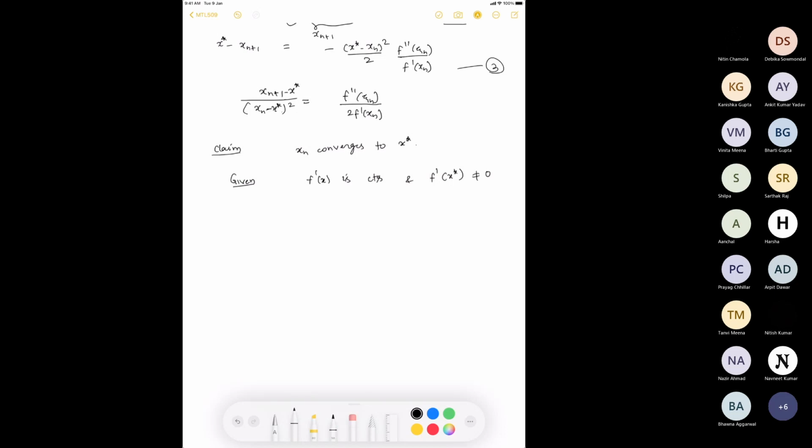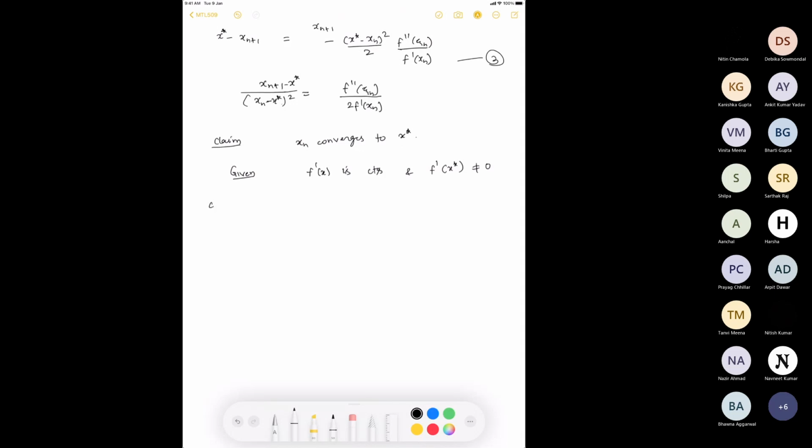So what can we say about f prime of x in the neighborhood of x star? You have a continuous function which is not 0. Exactly. So you will be able to find a neighborhood around x star where f prime x will not be equal to 0.